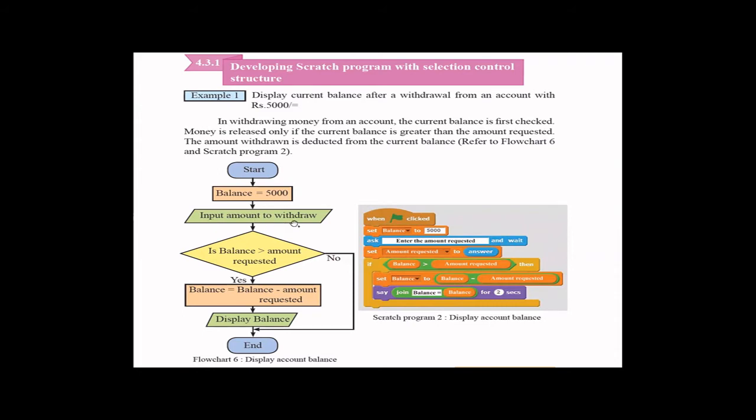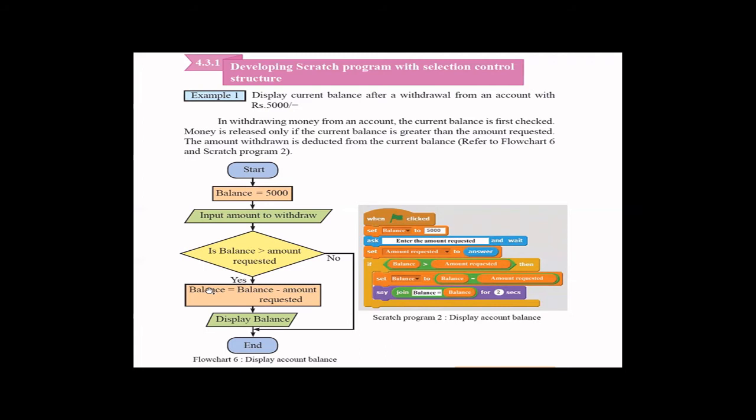You're asking the customer how much they need. If the balance is more than the amount requested, only if it is true can you get money. So then we have to do a calculation.